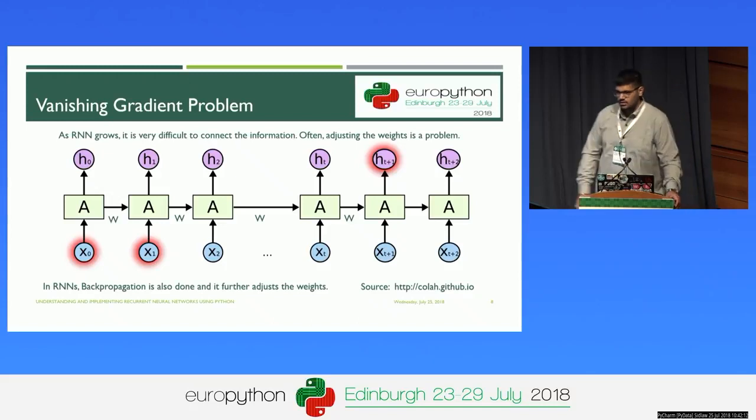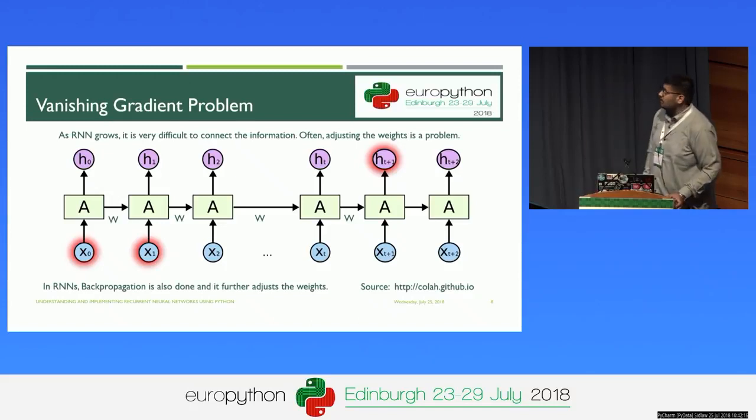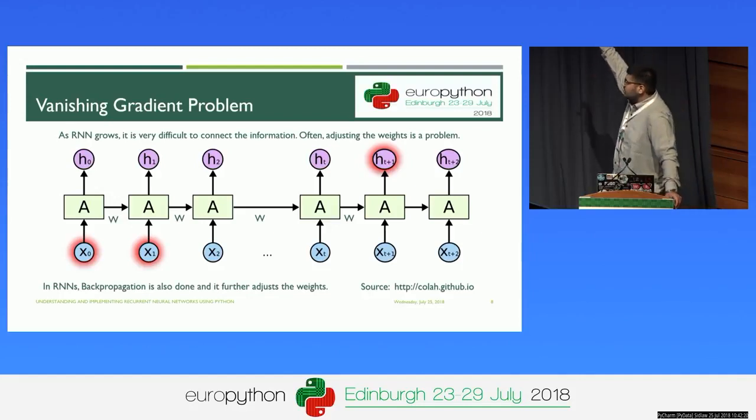There is a major problem in the vanilla RNN. If the RNN has so many layers, adjusting the weights at each hidden layer is a problem. Once the information from X0 is transferred to A, it is multiplied by some weight matrix, then transferred to the next layer, then the next, and the next.